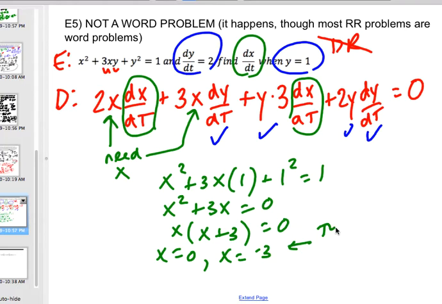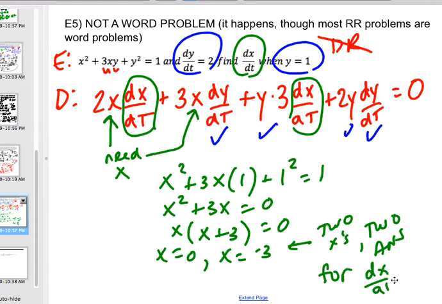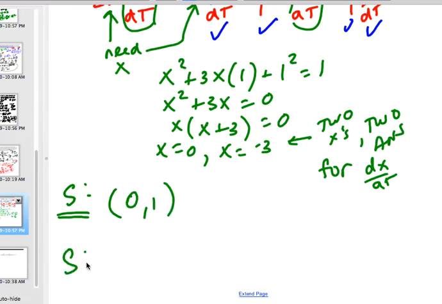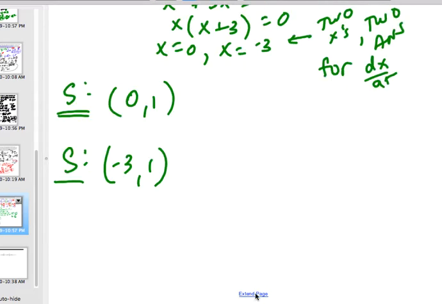Since there are two x's, there are going to be two answers for dx/dt, and you're going to have to find both, right? So basically, here are my 2 points. When I substitute, I'm going to substitute twice. I'm going to do 0, 1, and I'm going to substitute negative 3, 1. There will be two answers.